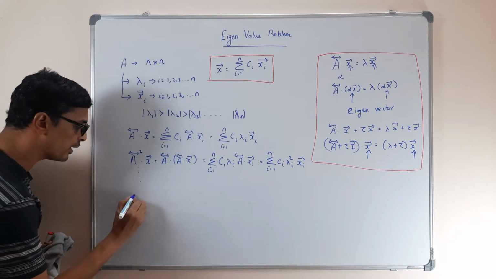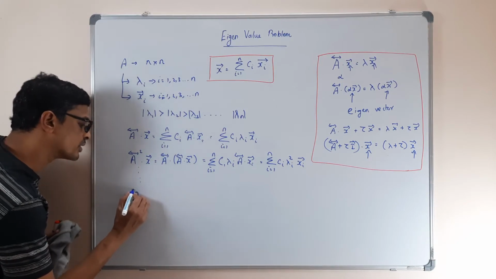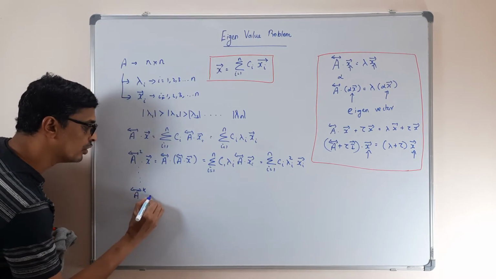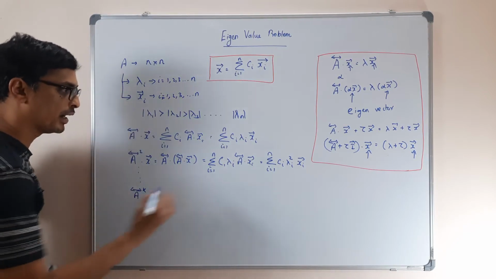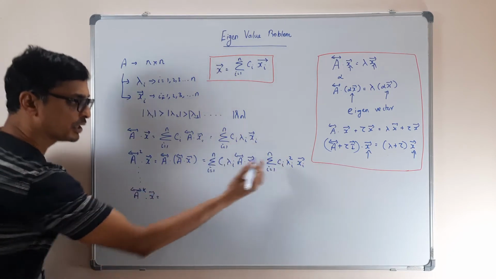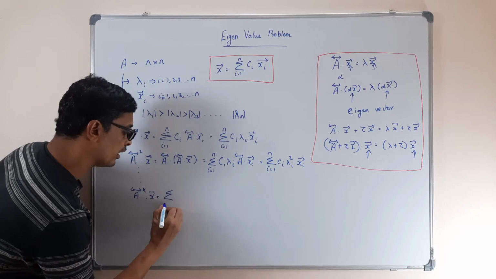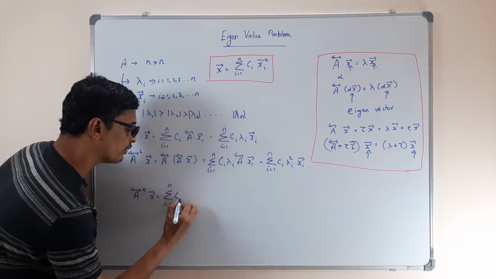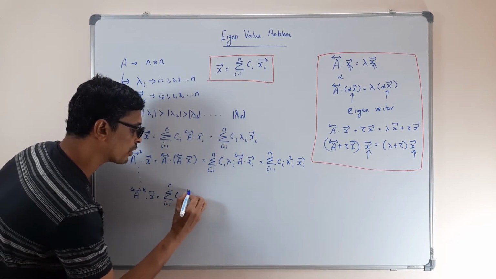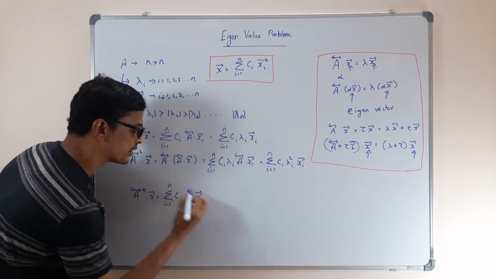I can keep doing it. When I do it some number k times on x, we get the same equation but with lambda i to the power of k: the summation from i equal to 1 to n of c i, lambda i to the power of k, into the x i vector.